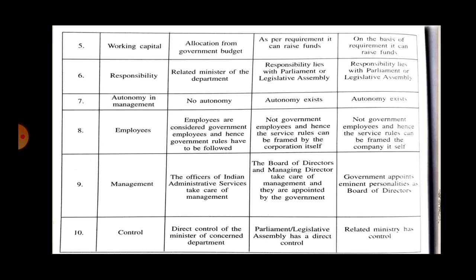They have a separate identity. So government takes control but not much. More control will be of parliament and legislative assembly in a public corporation, and in a government company the related ministry will have control, because 51% of shares are invested by that ministry.